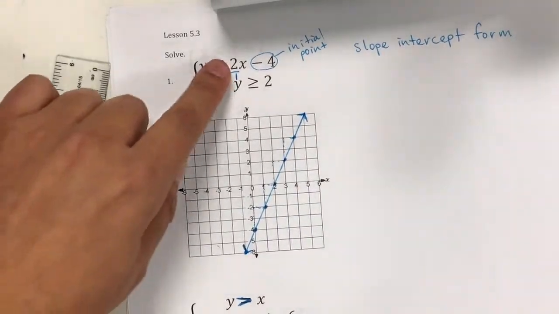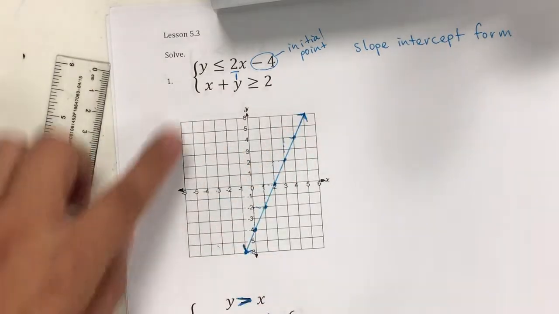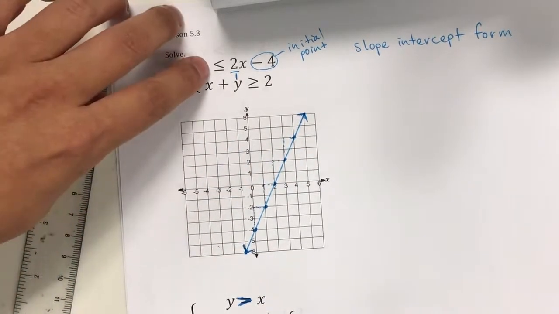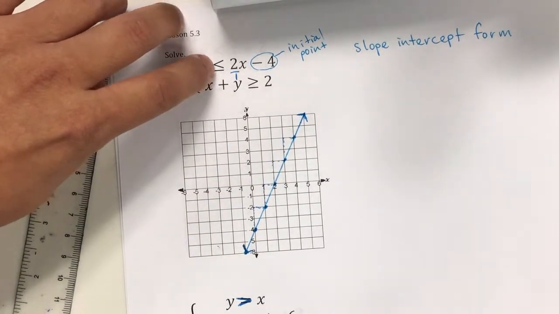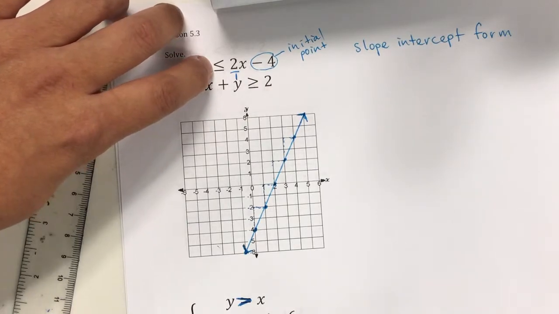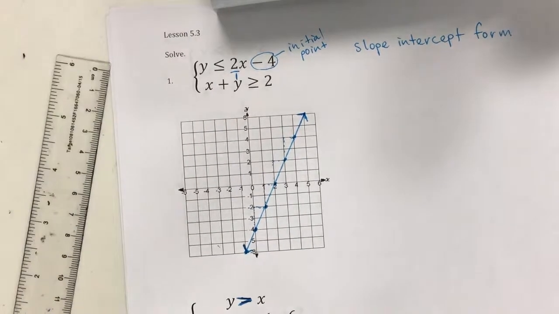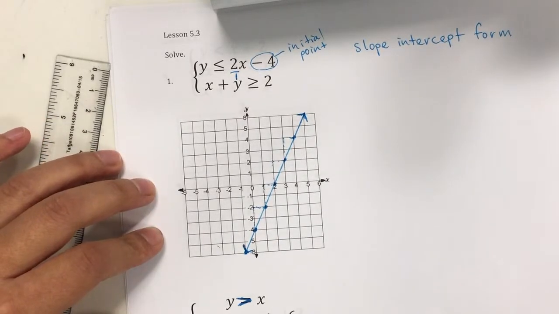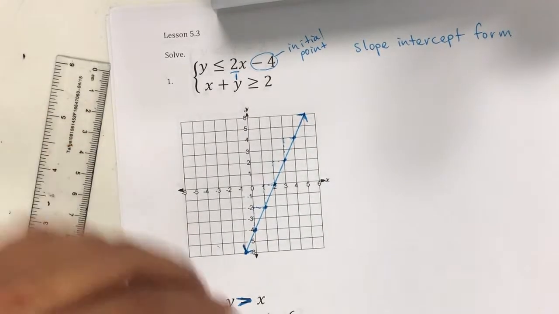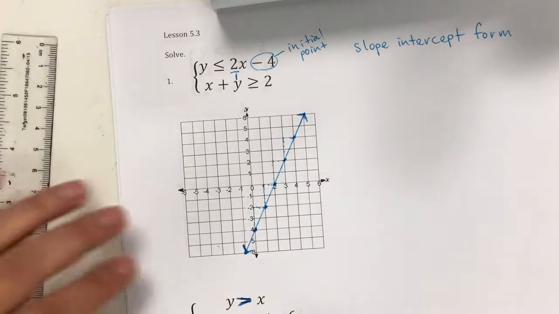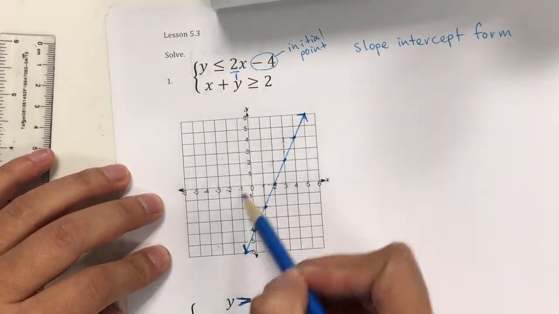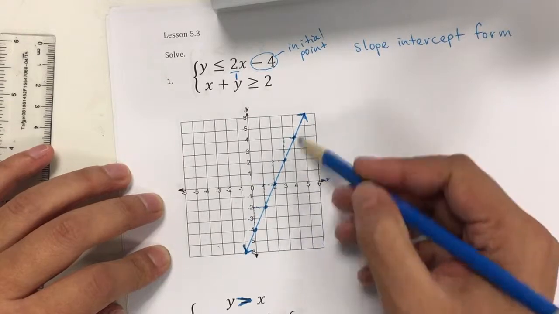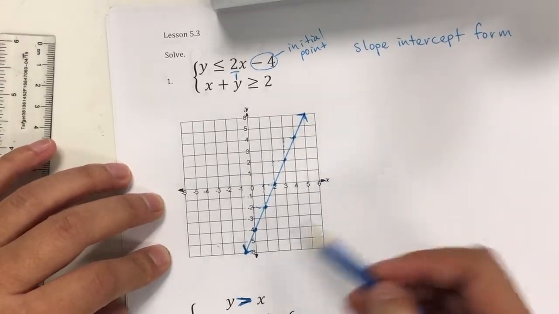Okay, so the first step is to find the points. The second step is to figure out if my line is solid or if it's broken or dotted. And the third part is to decide where my shade will be. Will it be in here or will it be on this side of the line?